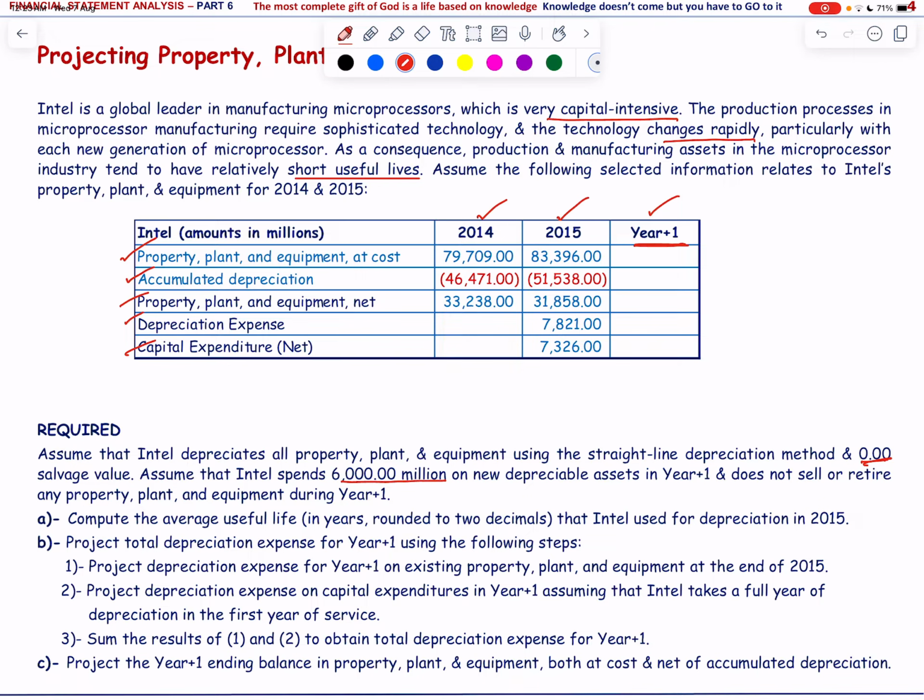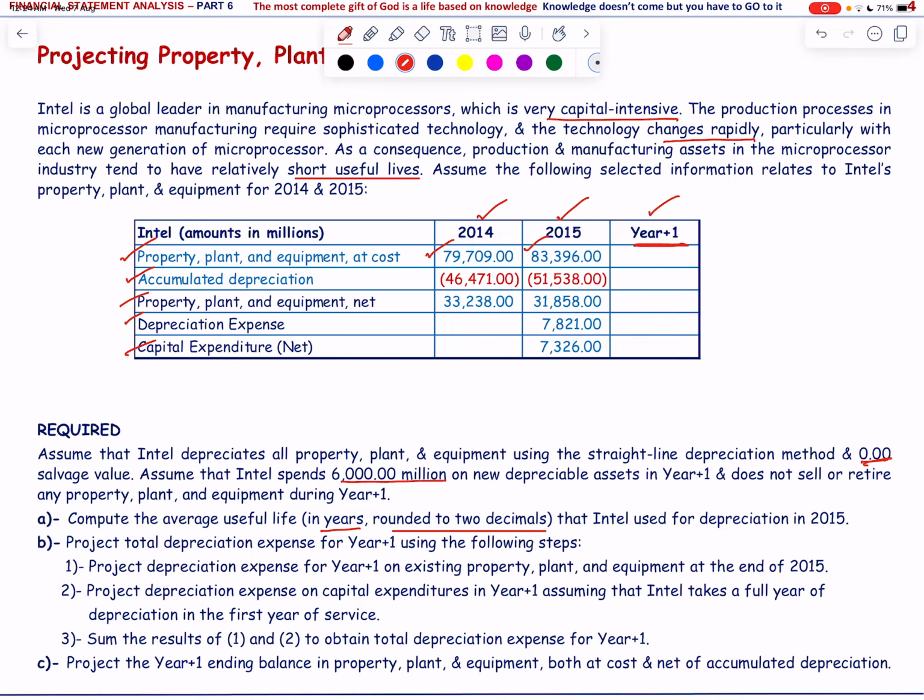Compute the average useful life in years rounded to 2 decimals that Intel used for depreciation in 2015. Now, the property, plant, and equipment at cost in 2014 is 79,709 and 15 is 83,396.